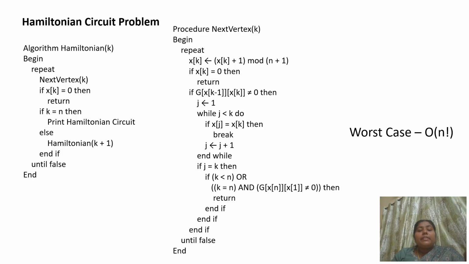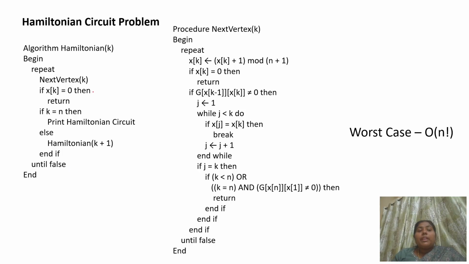So this is the basic pseudocode that we are going to have here for the Hamiltonian circuit problem. In the Hamiltonian circuit problem, I am just going to check the next vertex. So next vertex selection is the basic thing we take in the case of the Hamiltonian circuit problem.